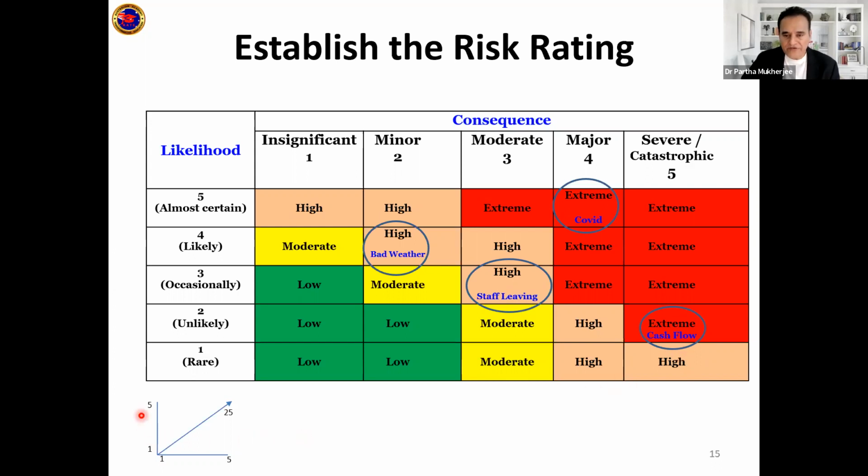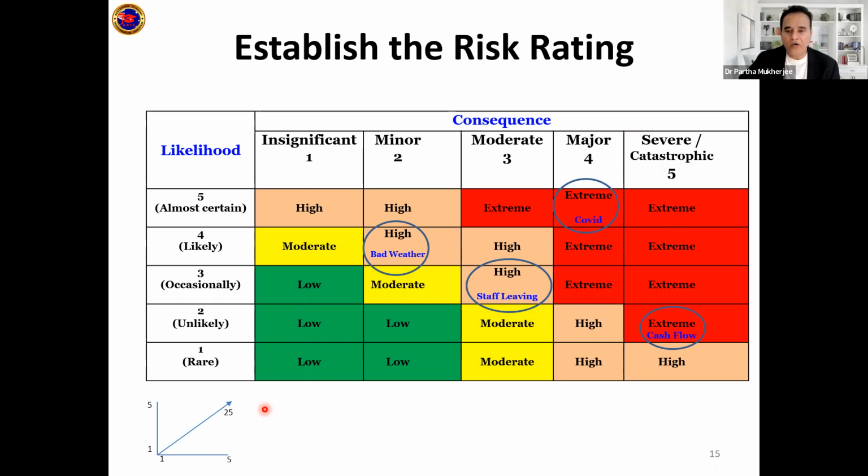So therefore, I've just drawn this by hand. It is nothing but an x and y axis, where x-axis is 1 to 5, y-axis is 1 to 5, and the risk increases from 1 to 25 because it is a 5x5 matrix. Okay, so 1 by 1 is 1, which is low, and 5 by 5 is 25, which is very high. So depending on the numbers that you get in this formula, you will be able to categorize your risk rating.